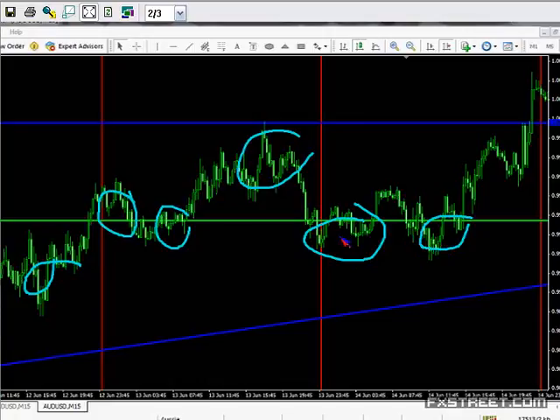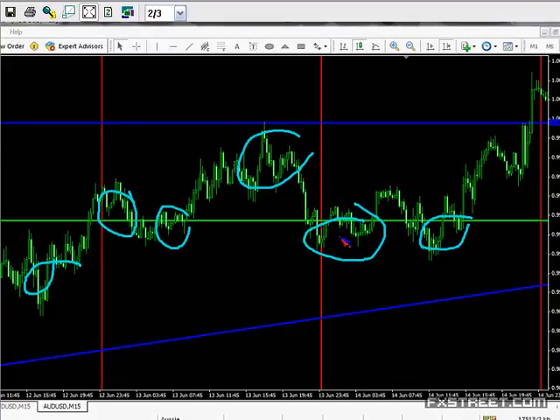So the way I think is this: if I'm going to use a time frame as my base entry time frame, remember I'm a bigger sort of trade kind of guy than most people. I go after big trades.